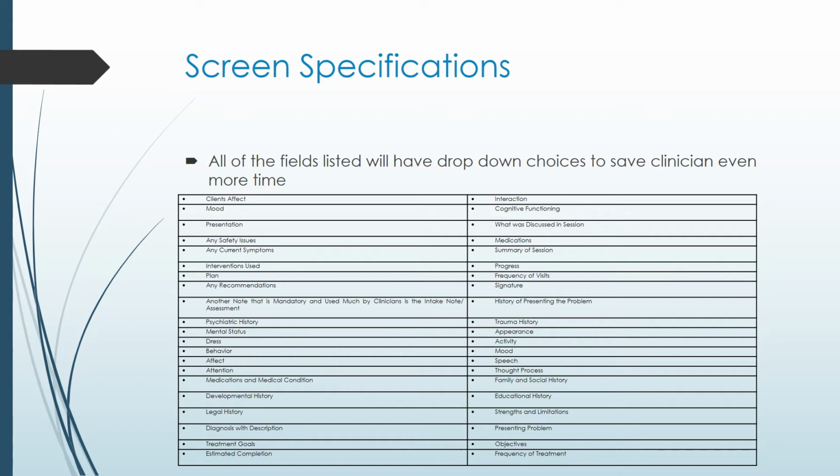Here's another design page, but this has to do with screen specifications. All the fields listed will have a drop-down choice to save clinicians even more time during their input. I'm not going to read every single one of these out, but these are fields or different pages that the clinician can go to and input data on.